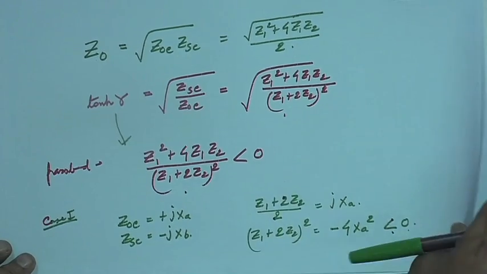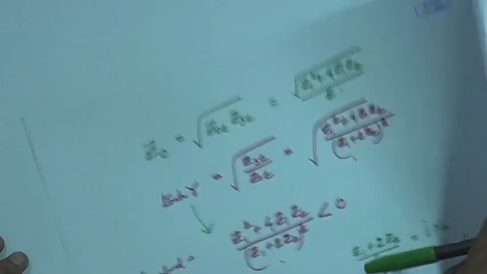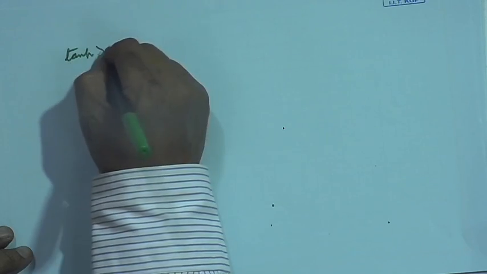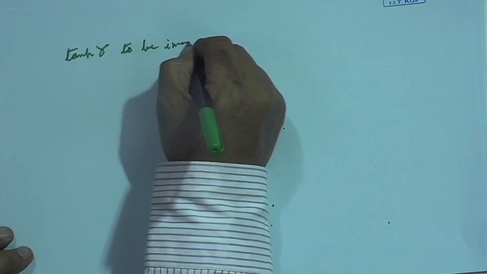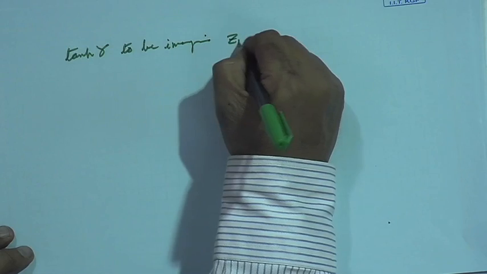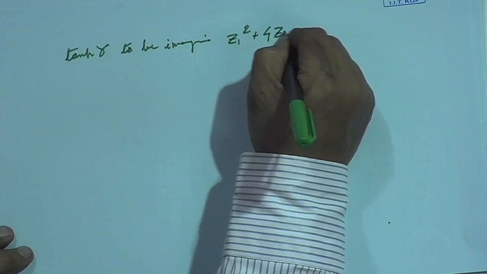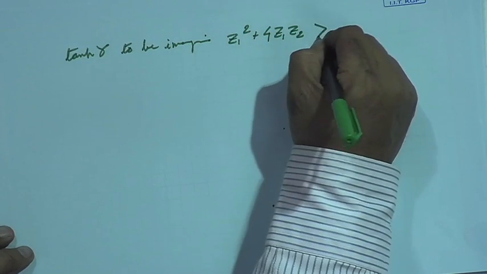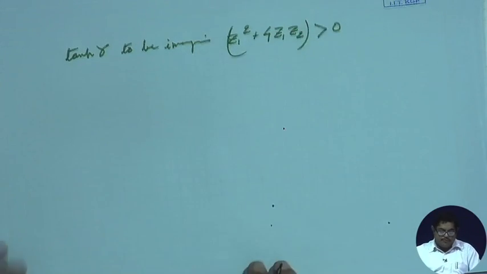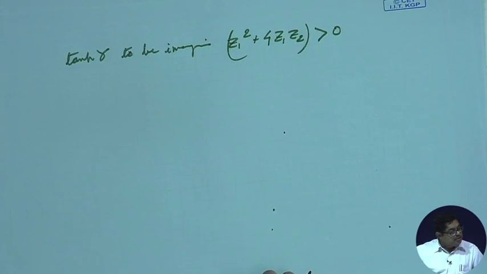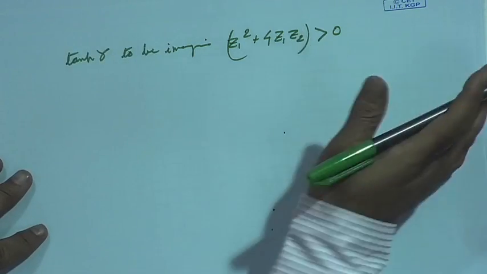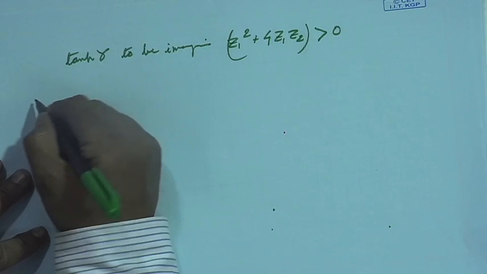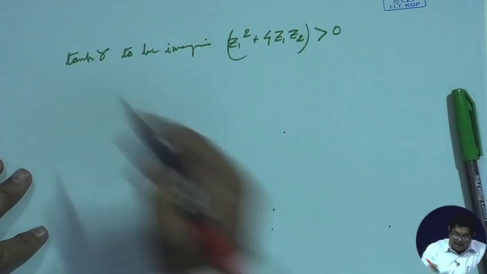So for tan gamma to be imaginary, Z1 square plus 4 Z1 Z2 needs to be greater than 0. So this is from case 1. Let us see case 2.